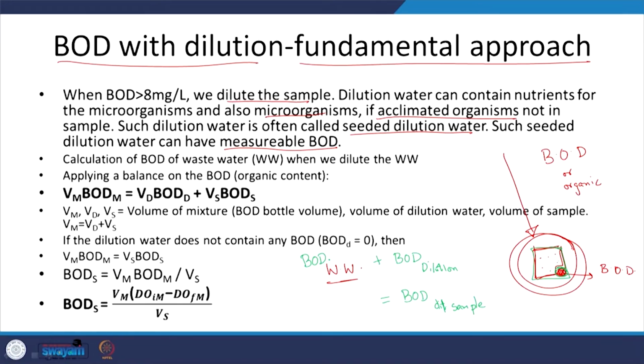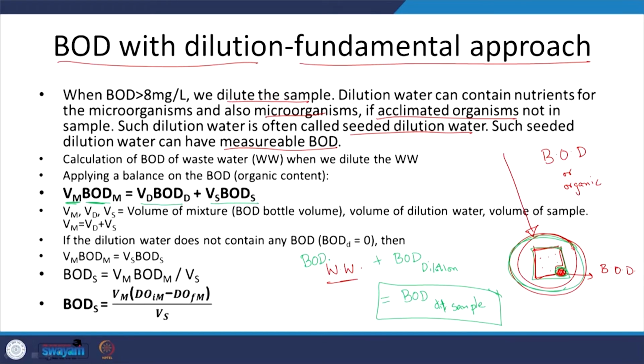So, how do I get this particular mass of the organics? It is not BOD concentration, it is always on the mass. So, volume of the mixture or the diluted sample into BOD of the mixture will give me the total organic content in this system, which is equal to the contribution of the organics from the dilution water and the contribution from the actual sample.